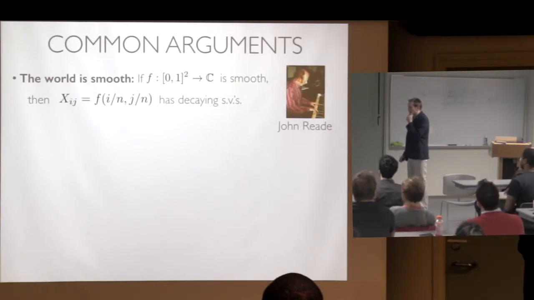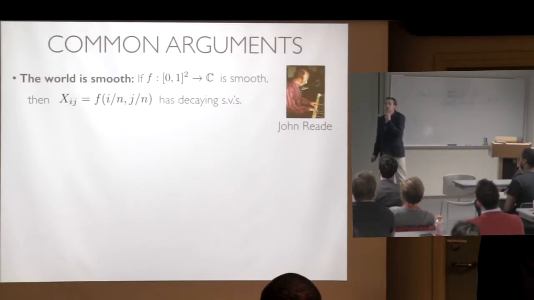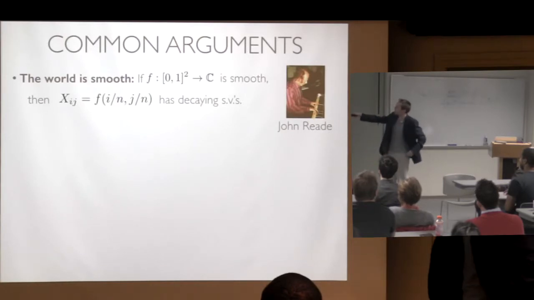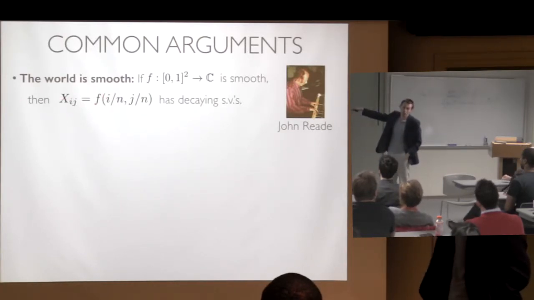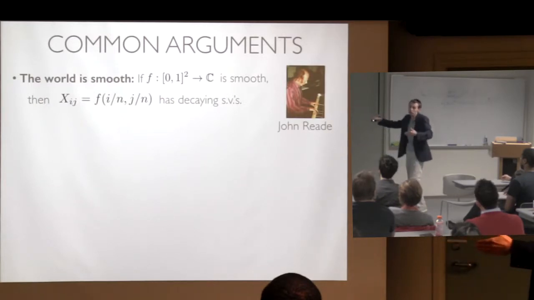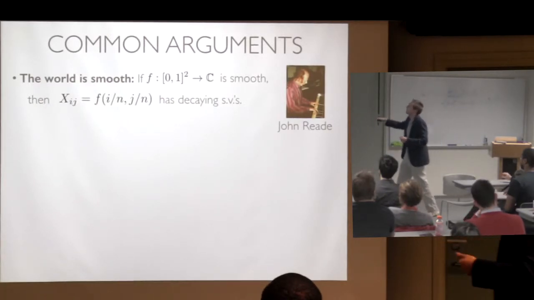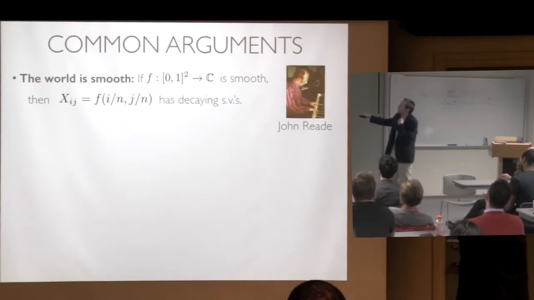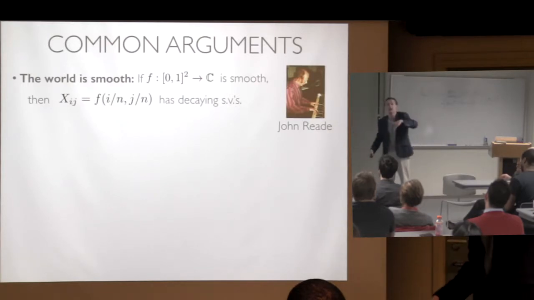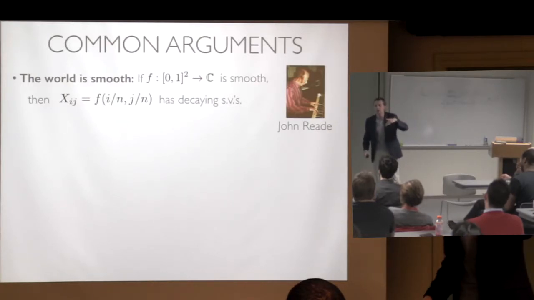I got answers like the world is smooth, which means that if I sample a smooth function and make it a matrix, so your function is like a polynomial or analytic function, then John Reid in 1983 proved that this matrix has low rank in the sense that its singular values decay rapidly. The smoother f, the faster the singular values decay.